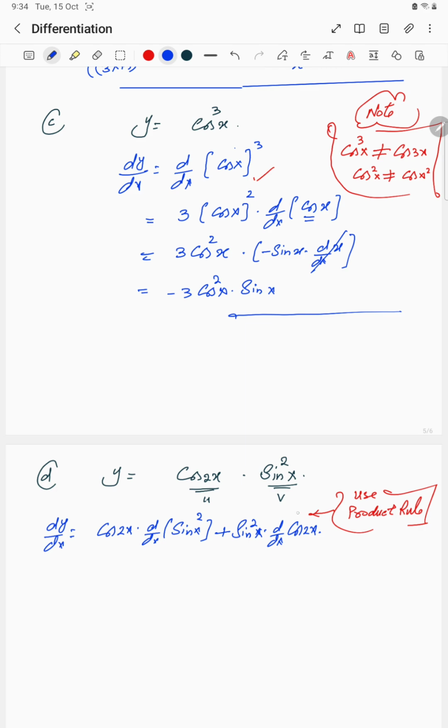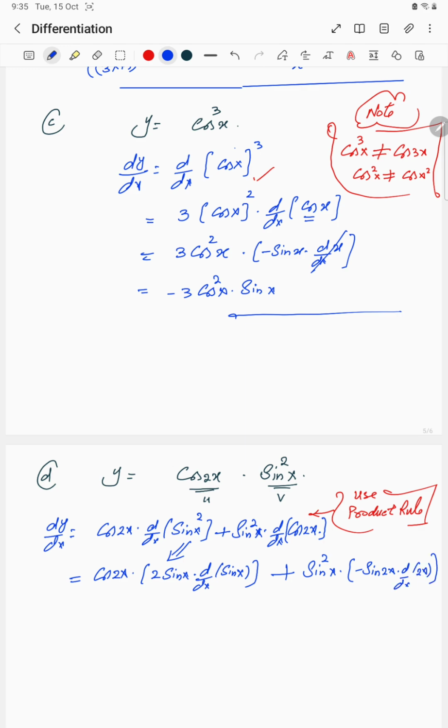As the power rule applies here, we write the power, make it 1 less, times the derivative of the function whose power we have, plus here sine square of x, and the derivative of cos theta is minus sine of theta times the derivative of theta.